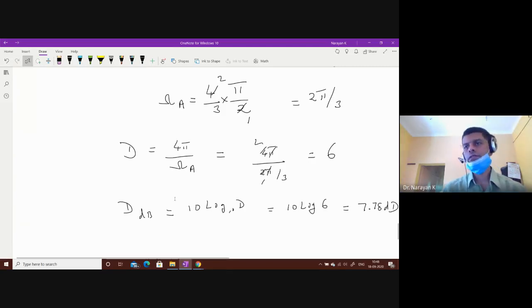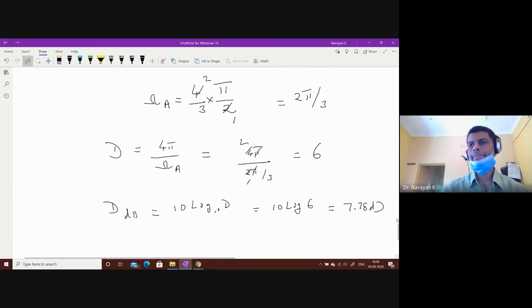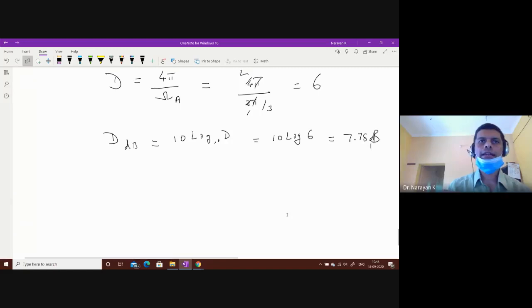I should have written dB here. So your directivity in dB using the exact method is 7.78 decibels.